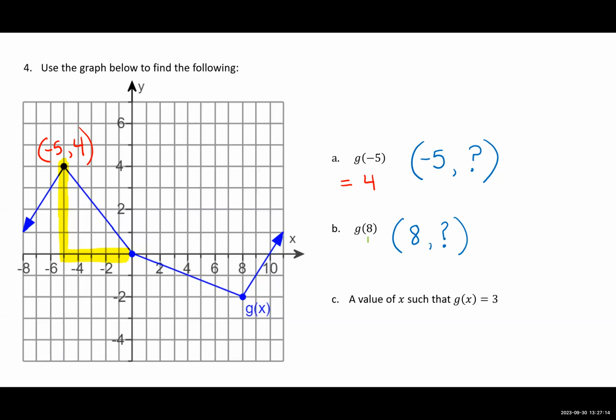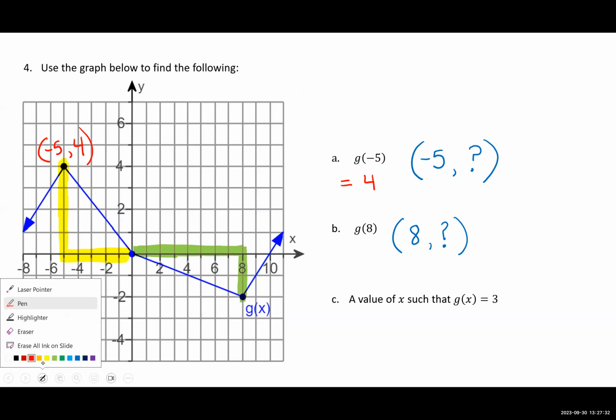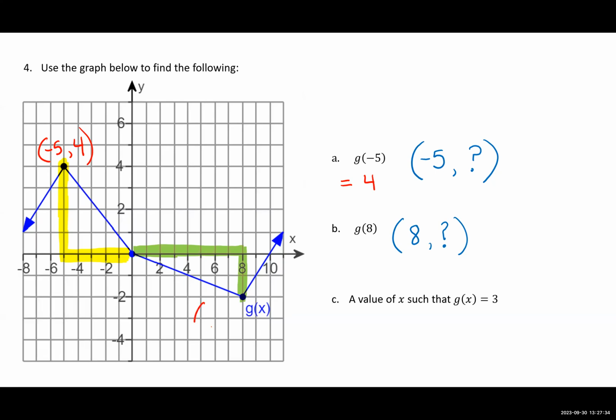Next problem, same thing. When x is equal to 8, so we'll go over to 8 on the x-axis and follow that down to the graph. That takes us to the point, let's say 8 for the x, and that takes us down to -2 on the y-axis.